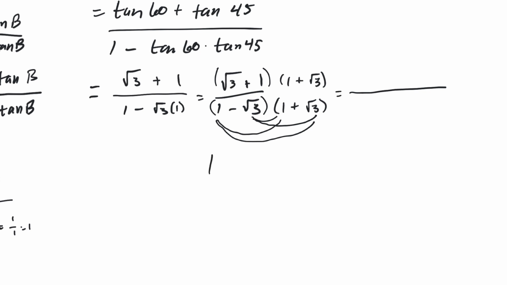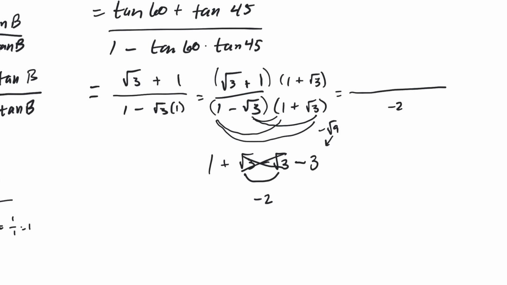The first one is 1 times 1, then 1 times positive root 3, then 1 times negative root 3, and then negative root 3 times positive root 3, which would be negative root 9, which is just minus 3. Notice what happens in the center: these two cancel each other out, and you end up with negative 2 as the answer for the denominator.